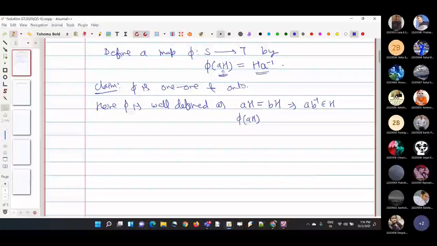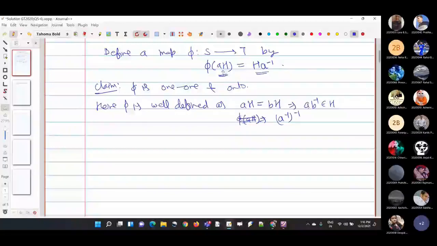So ab inverse belongs to H, and this implies that its inverse belongs to H, because H is a group itself, so the inverse exists and the inverse of the inverse exists.